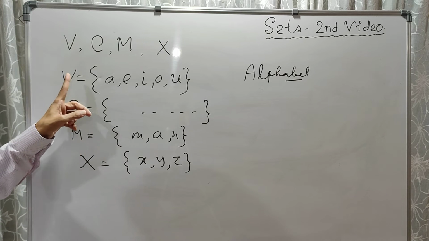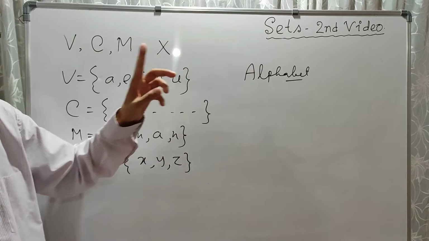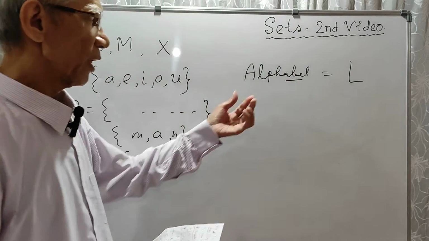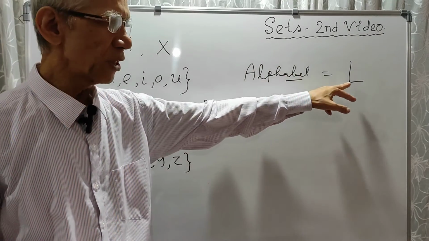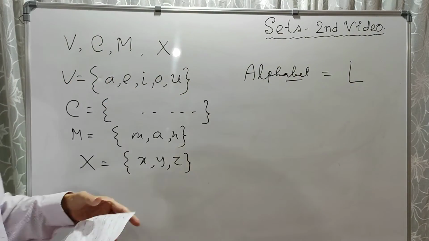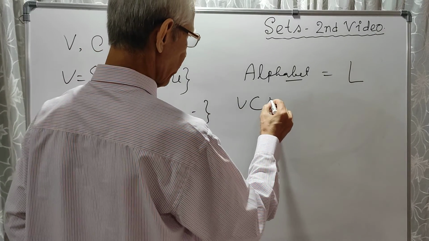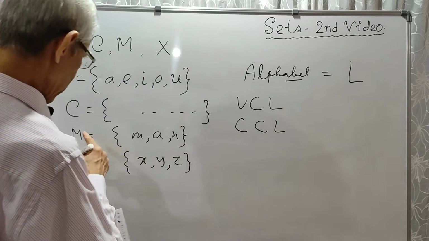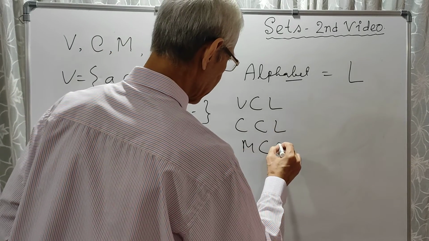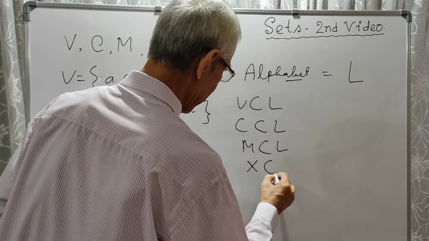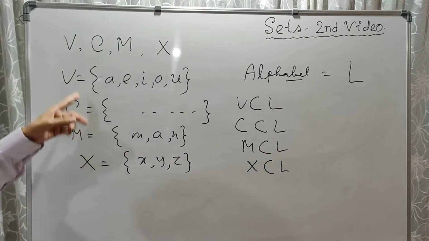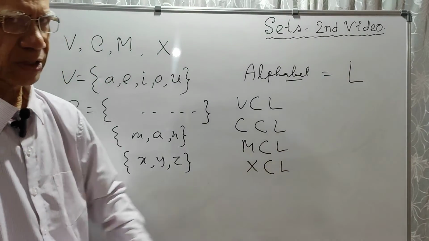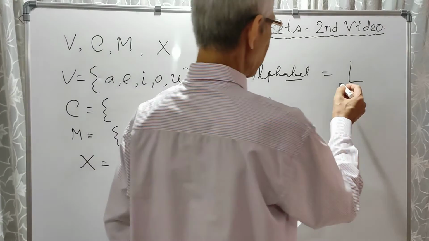Because this V is a proper subset of the set of alphabets, the set of all the 26 letters, suppose we call it L. Then V is a subset of L. C is a proper subset of L. M is a proper subset of L. And also X is a proper subset of L. So all these four sets under discussion are proper subsets of this set L, the set of alphabets. So this L will be called the universal set.